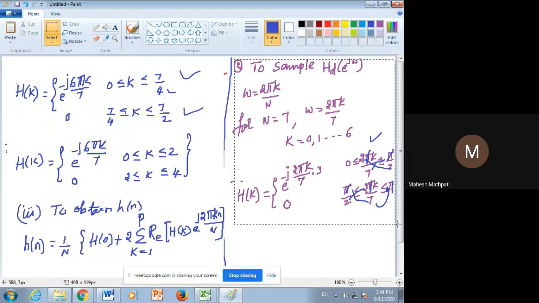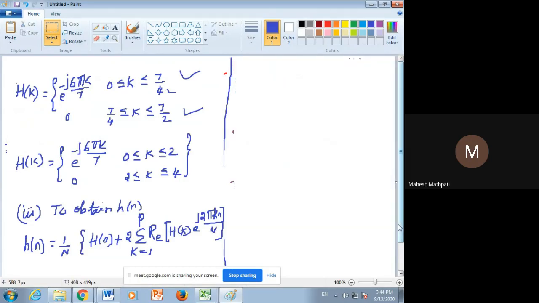What is the value of h of 0? Can anyone tell me? h of 0 का वैल्यू क्या होगा यहाँ पे? h of 0 is equals to 1 for k equals to 0 and n equals to 7.